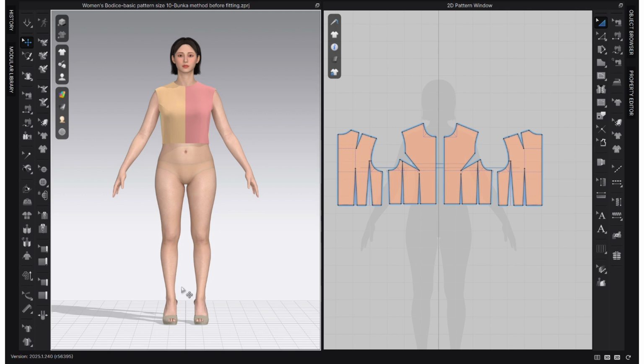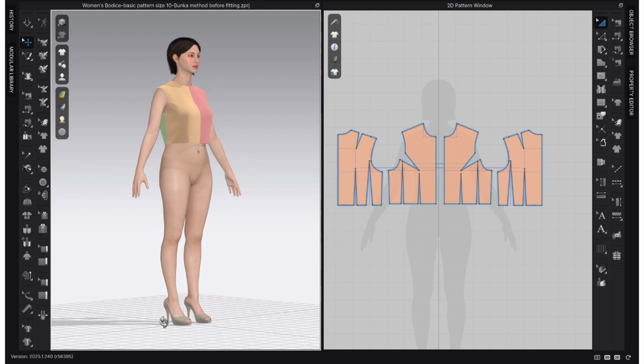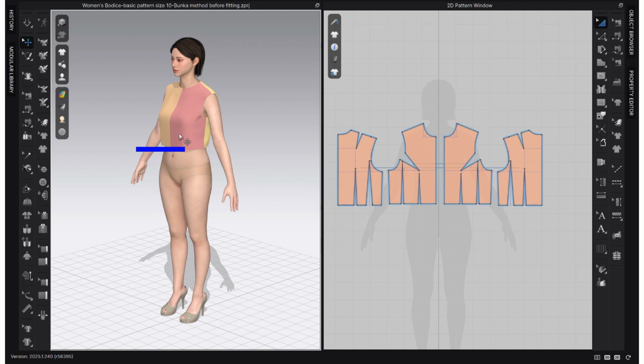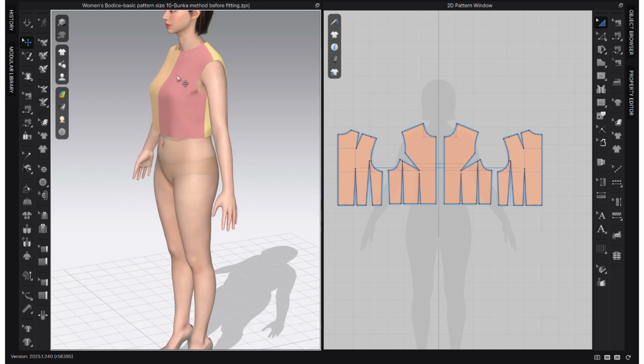And this is the pattern I've made based on avatar size 10 ASTM. As you see, the front waist is hiking up. If you draw a horizontal line, you see that it's not level between front and back, and you see some excess fabric on the armhole, which shows our bust dart is not wide enough.